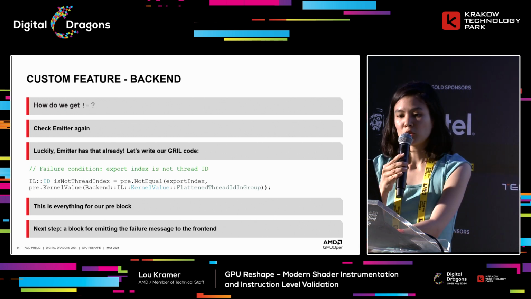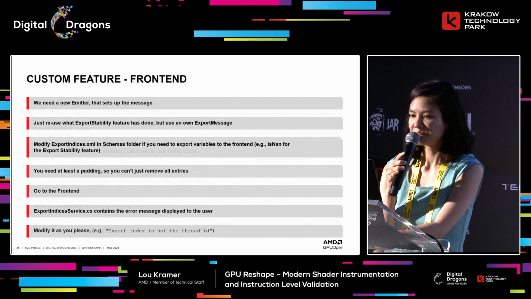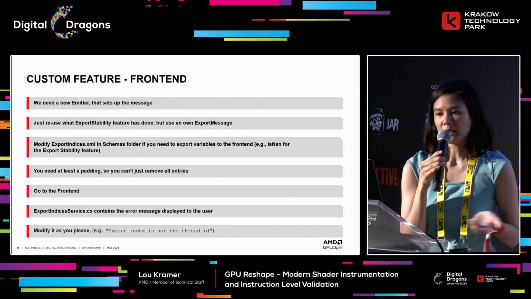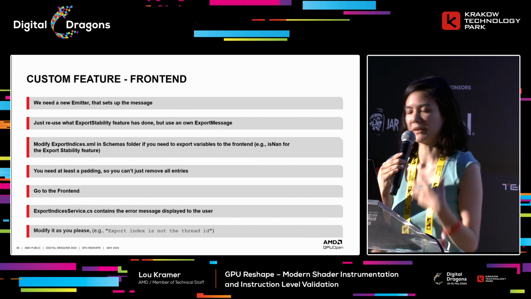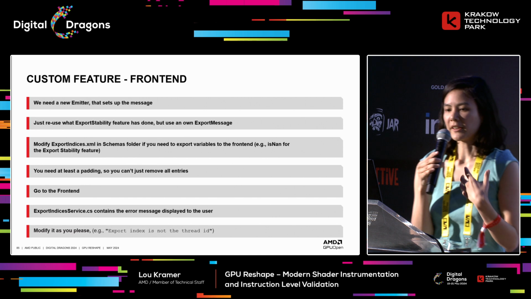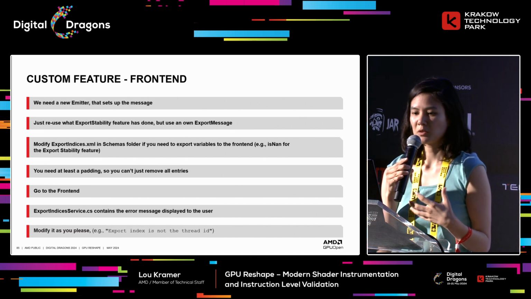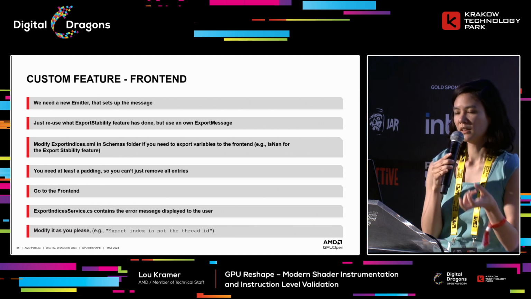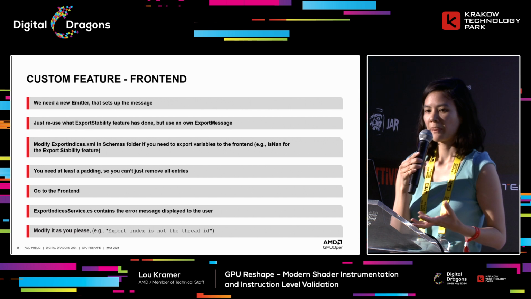The next step is to have an emitter for the failure message to the front end. And for this, we need a new emitter that sets up the message. Here again, the easiest is to just use what's already there, because this export emitter is used by every existing feature. So since we copied from the export stability feature, we just use the existing emitter that sends the export message.